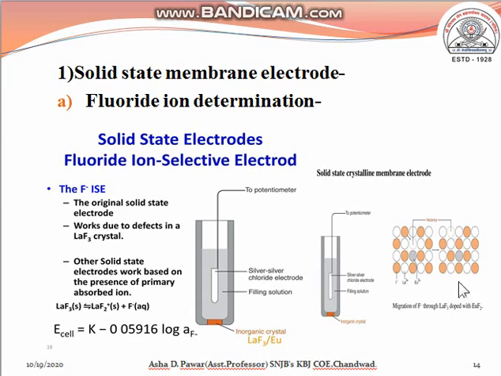See, this is the diagram of how the europium fluoride produces the hole and how the fluoride ion passes through that crystal. So the fluoride ion selective electrode is selective for determination of the concentration of fluoride ion from the solution.